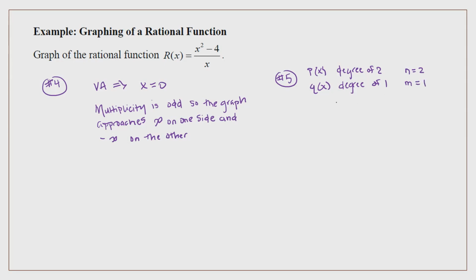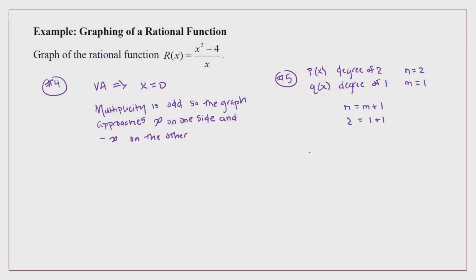Between our 4 different types of expressions for the relationship between n and m, n equals m plus 1, meaning 2 equals 1 plus 1.